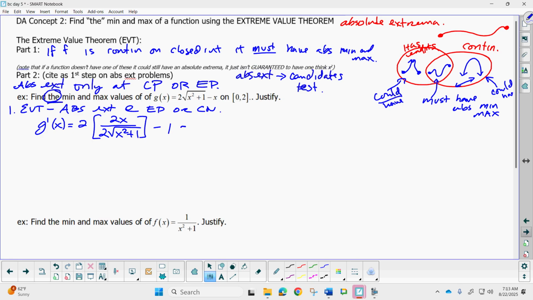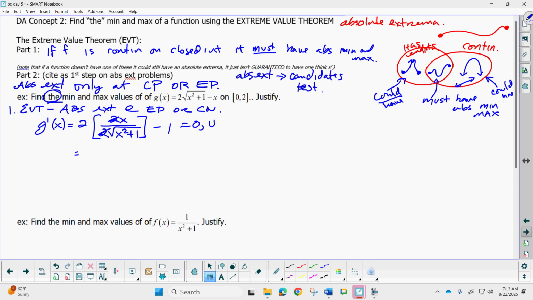The critical numbers are where this is 0 or undefined, so I'm going to say that. Undefined doesn't look like it's going to be an issue because although I do have a denominator, it's never going to be 0. Root x squared plus 1 is always 1 or more, so that's not going to be an issue. If I do a little more here, I'm going to get a common denominator.